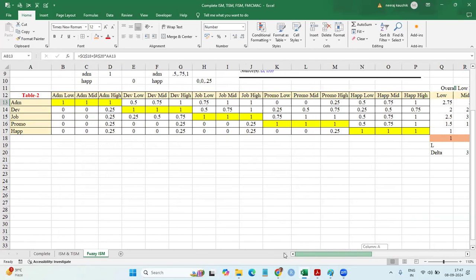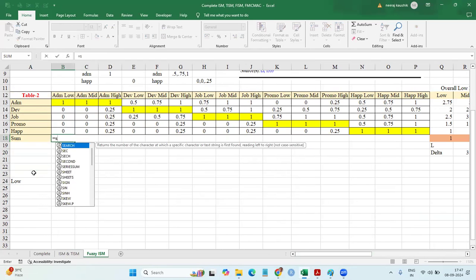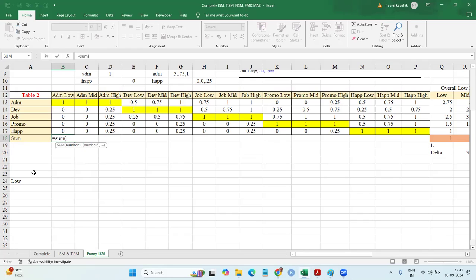Quickly allow me to go through the same part here also. You can cross check now. Overall low value. First get the sum of all of the values. Sum will be equal to the sum of which values? First we find all the low values here.